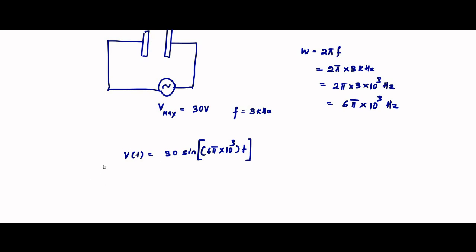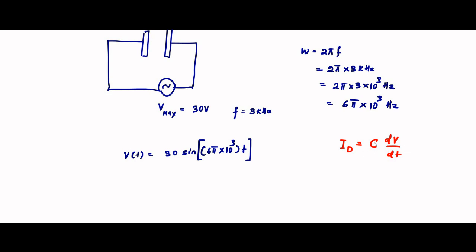Now in the previous question we found a third way of expressing the displacement current, which is, if you remember, the displacement current is equal to C dV by dt.